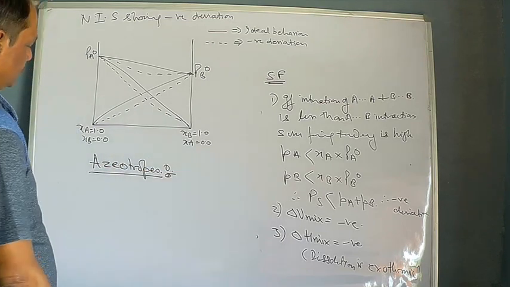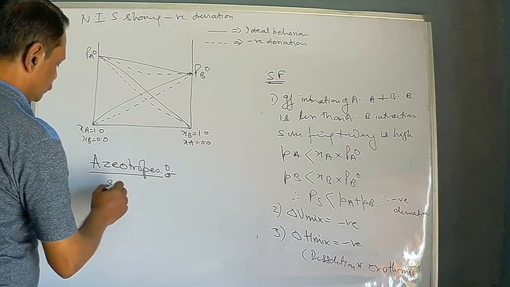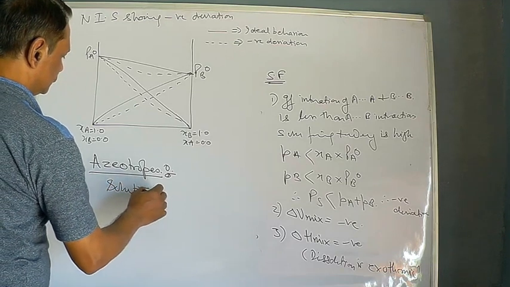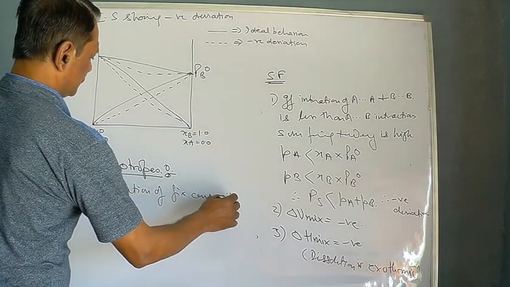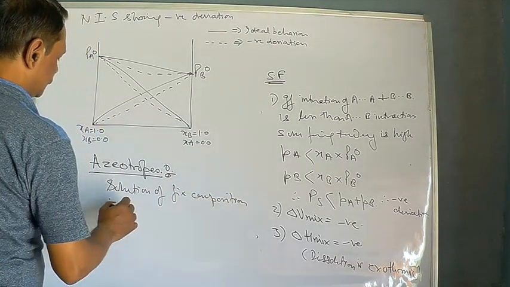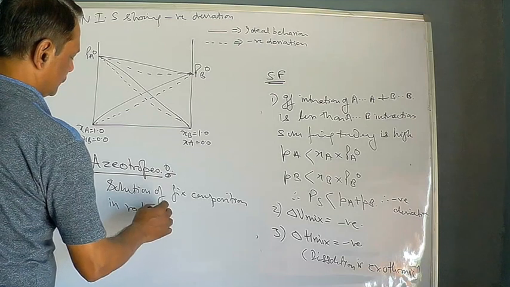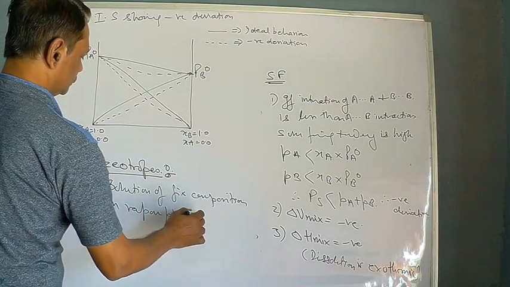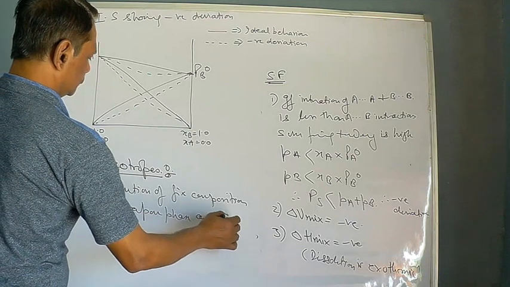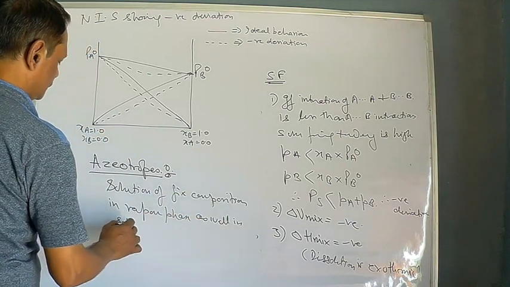So what are azeotropes? Azeotropes are solutions of fixed composition in vapor phase as well as in solution phase.